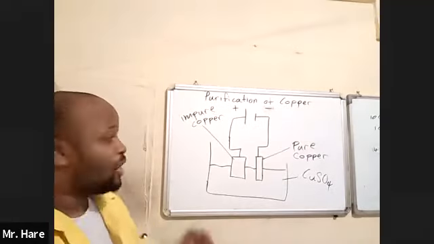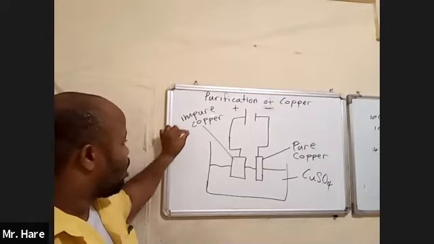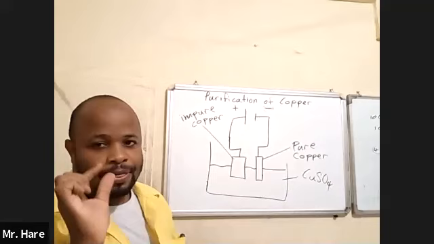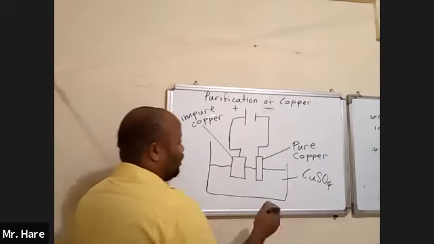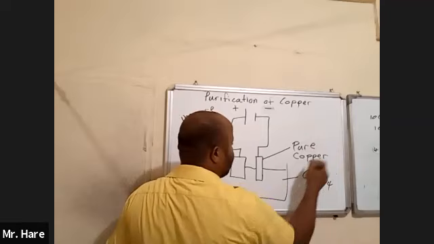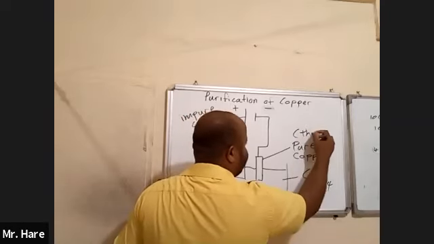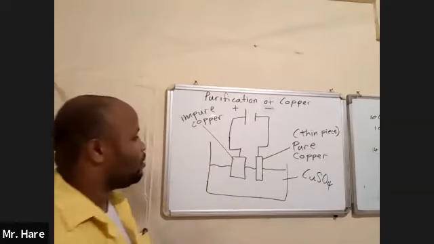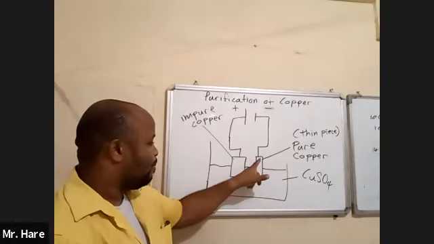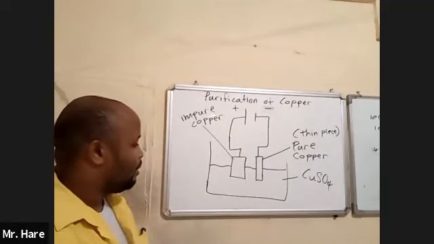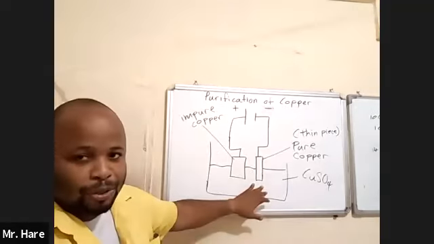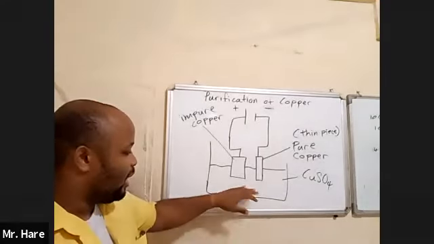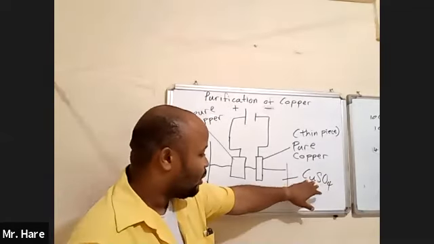So in the purification of copper, the impure copper is placed at the anode. And you place a thin piece of pure copper metal at the cathode. And you use a solution containing copper ions as the electrolyte. Hence I'm using copper sulfate.